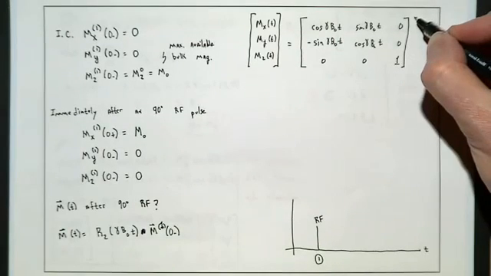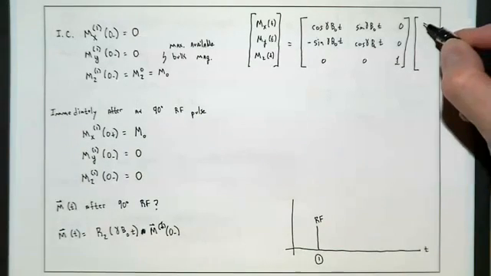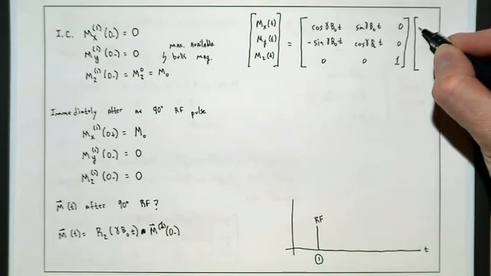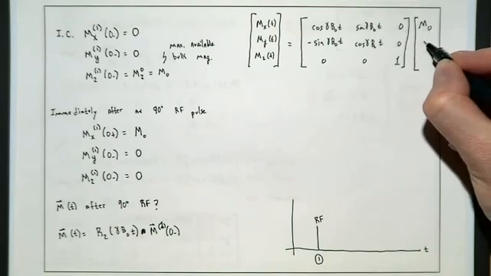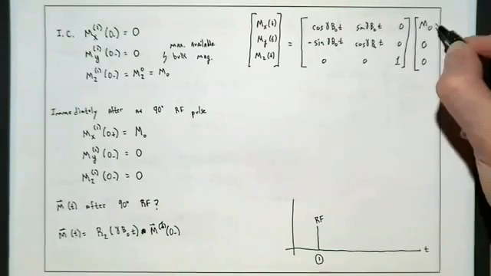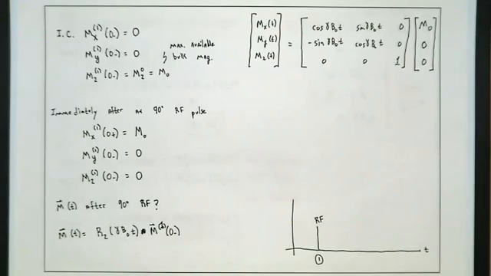And now that has to operate on the state of my magnetization after my RF pulse. And what's that? What's the first component? What is it? M naught. Second component? 0. Third? 0. Right? Easily done.